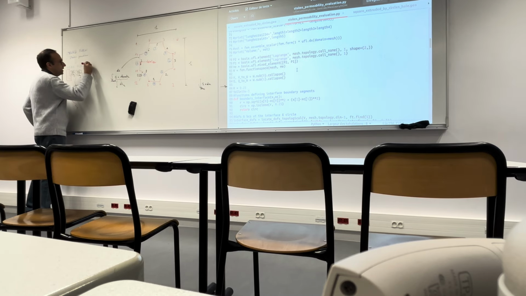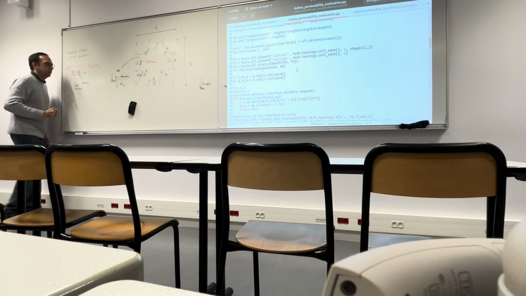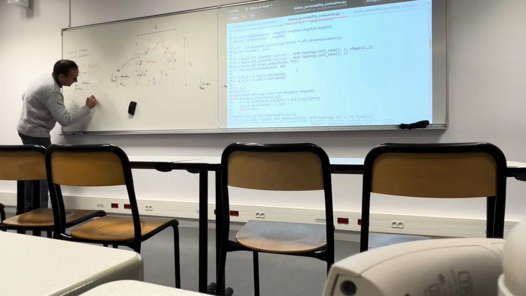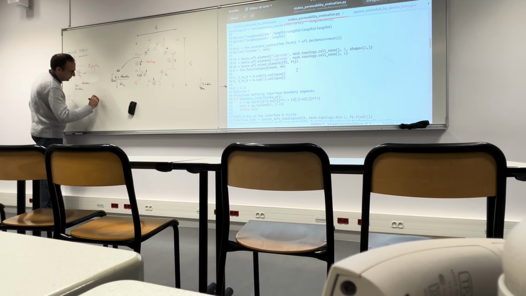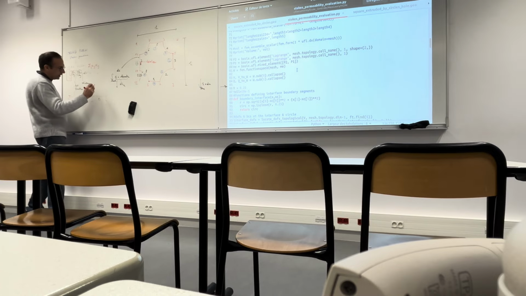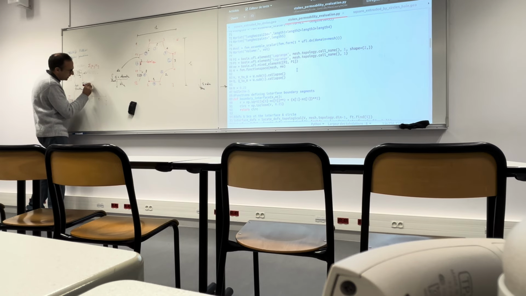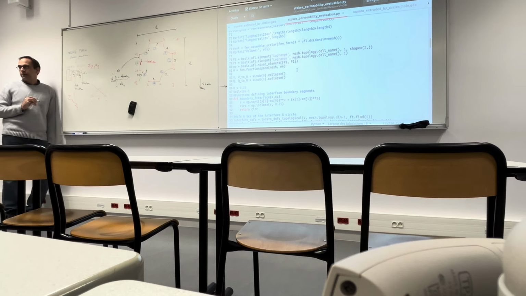You represent it as a summation over j of ai j times the shape functions. So what is the idea? The idea is, for instance, in the 1D problem, that you have this element with node i and j, and you represent your function as a linear combination of these two shape functions.